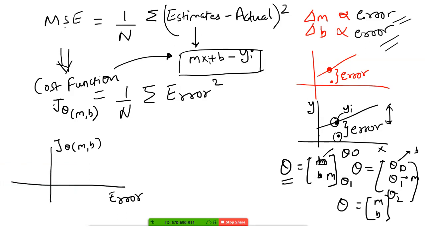So let's try to plot it. When error is 0, what is J theta? If error is 0, what will be J theta from this equation? Yeah, 0. So let's plot it 0 over here. If error is increasing on the positive axis, how will J theta increase on the positive axis?